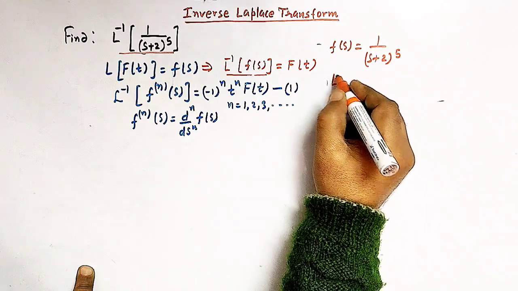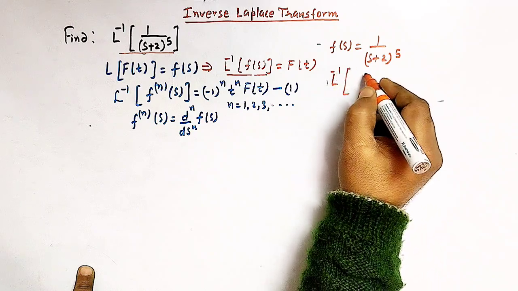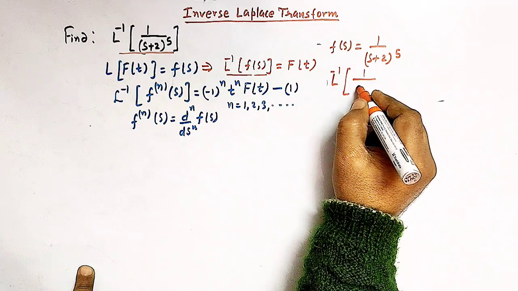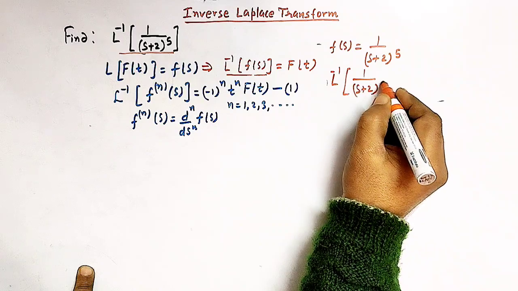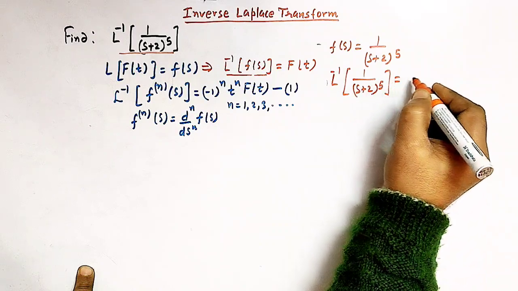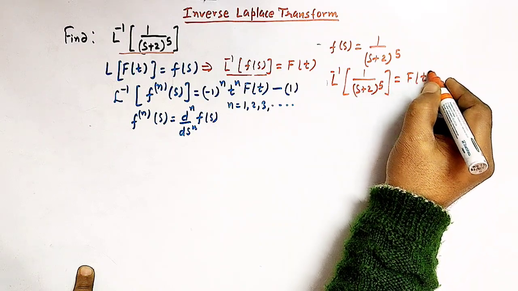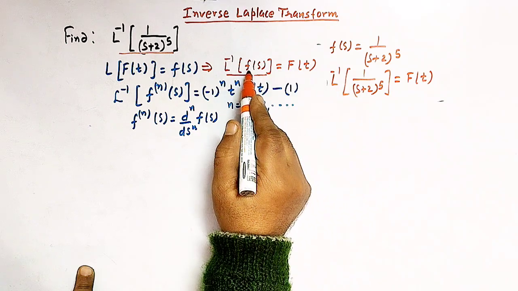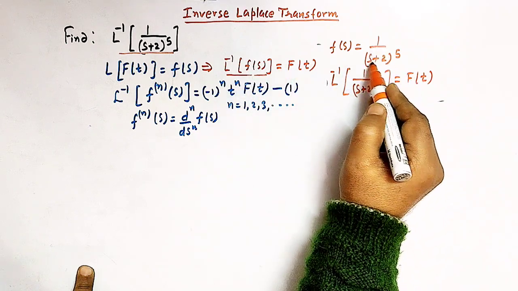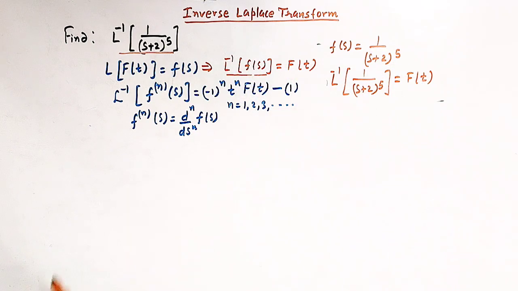So the inverse Laplace transform of 1 over (s plus 2)^5 is equal to f(t), where we assume F(s) as 1 over (s plus 2)^5.